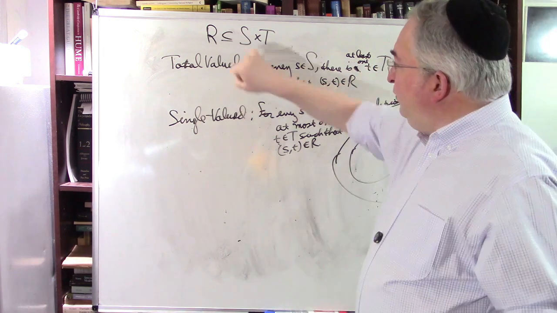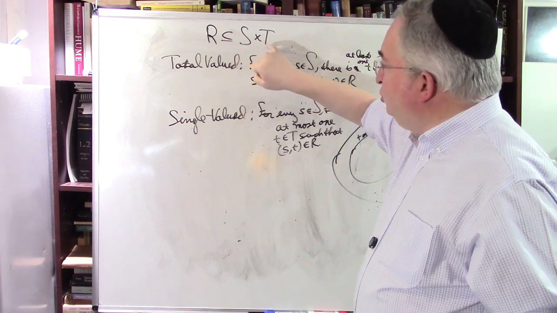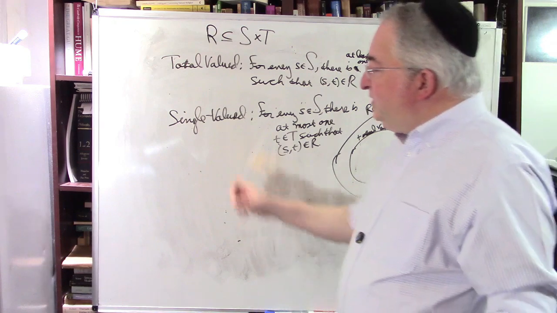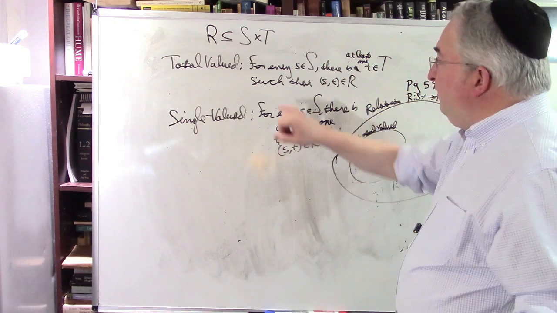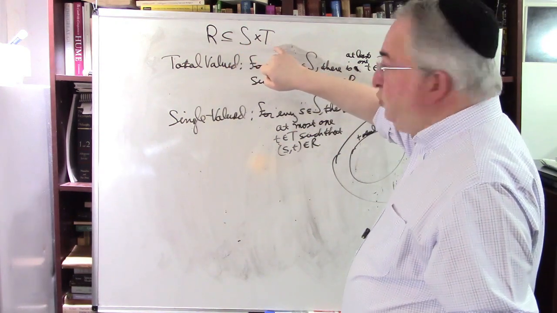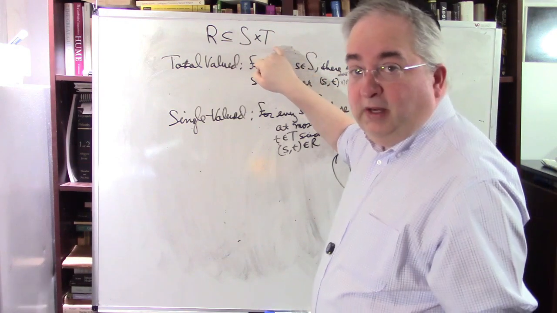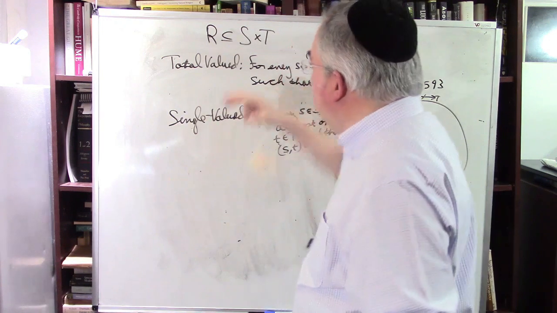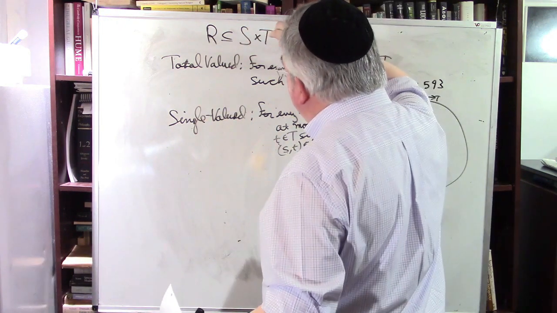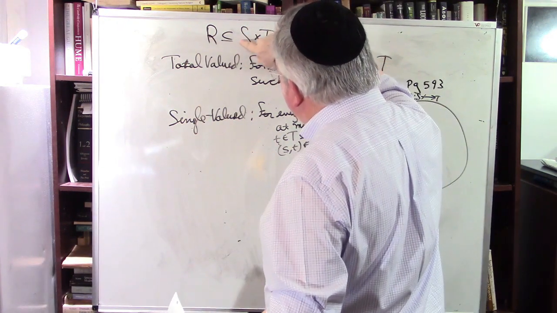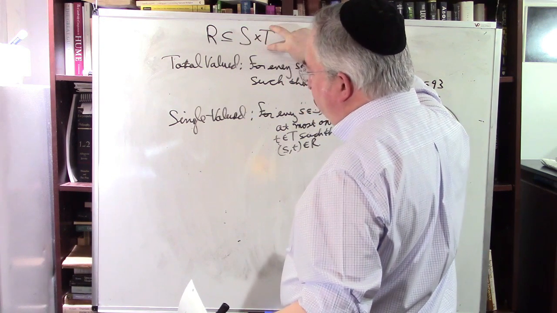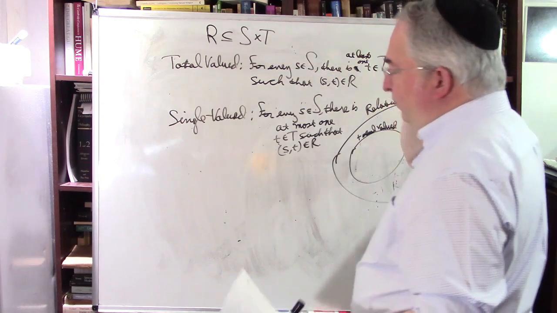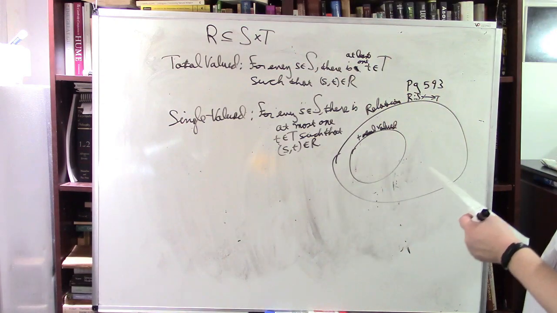So for every little s, there could be 1, 2, 3, 4, 5 things. That's what total valued is. Single valued means for every single guy in here, there's at most one. What does that at most one mean? It could be 1 or 0. But the main point is you can't have one guy here that's related to 2 guys in T. When it's single valued, you don't have s going to two different guys.